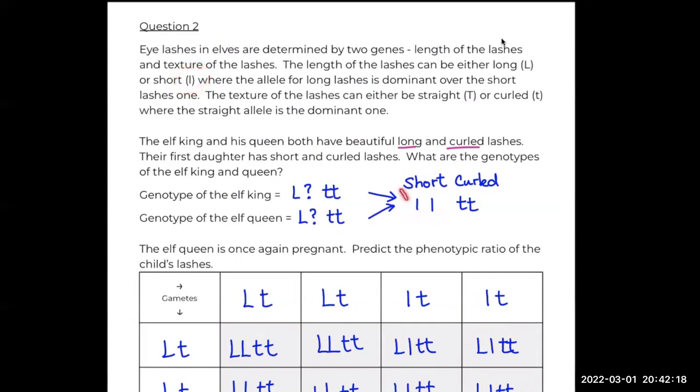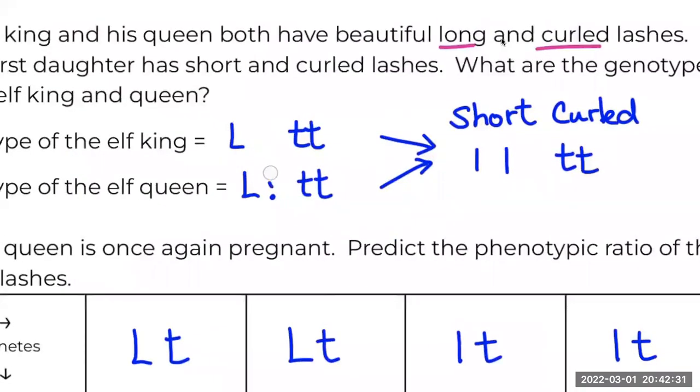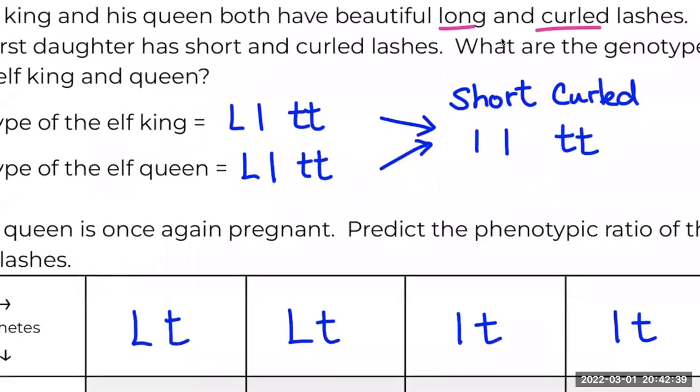And that means one needs to come from the dad and the other from the mother. That's going to show you that actually both the king and the queen have a recessive allele in them. So there we go. That's your genotype.